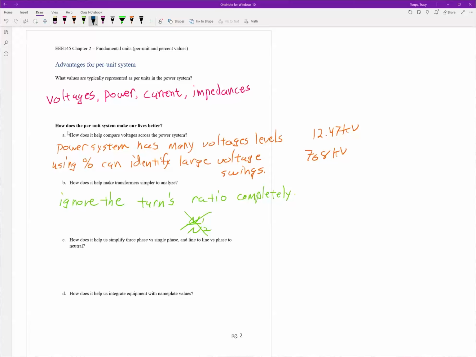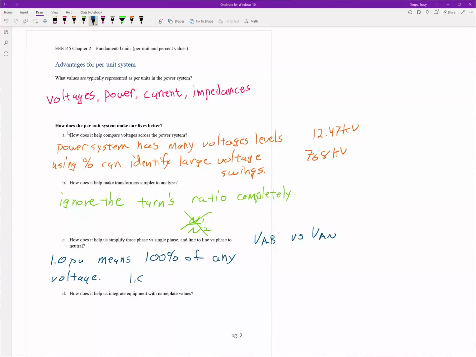Okay, so how does it help us simplify three-phase versus single phase and line-to-line versus line-to-neutral, right? Because remember, they're different, right? You might have VAB versus VAN. Remember, there's a square root 3 difference, right? 1.0 per unit means 100% of any voltage, okay?